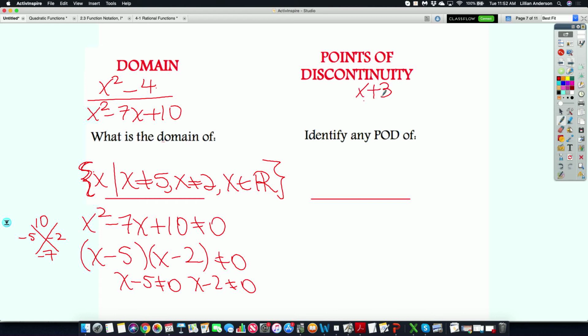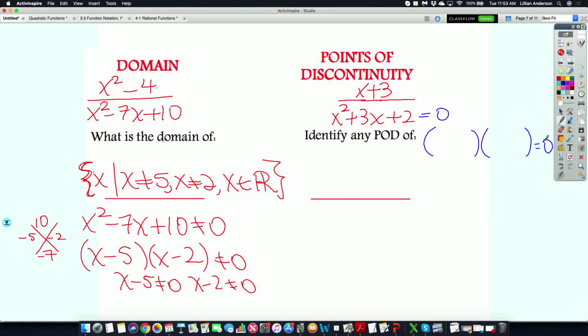So here's your example for your points of discontinuity. You have x plus 3 all over x squared plus 3x plus 2. Okay? Now remember, how do we find a vertical asymptote, if there is one? I need to set the denominator equal to 0. Well, if I do that, this is nothing but a good old quadratic, so I need to factor.